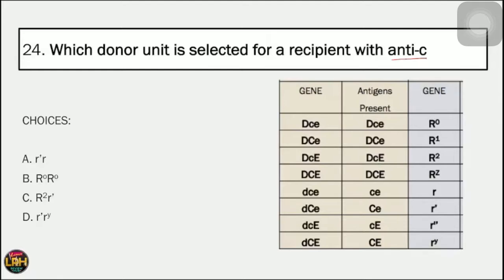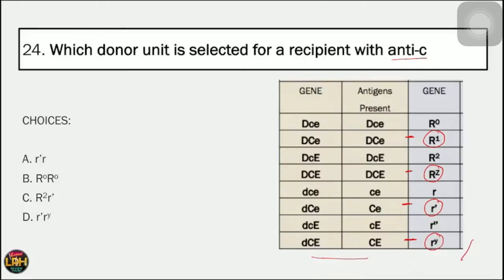Using this table, we can identify the presence or absence of the C antigen in the given choices. Let's identify first which genes based on Fisher-Race contain or do not contain C antigen. So we have this, we have this, and this. So we have 4 possible genes which do not give us C antigen.